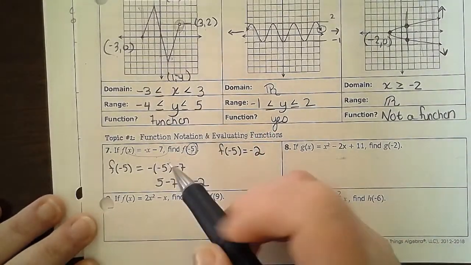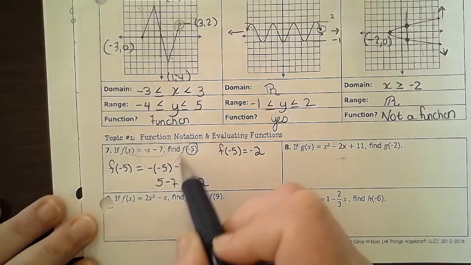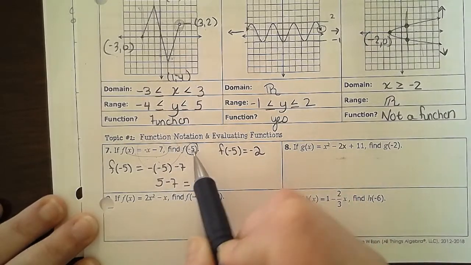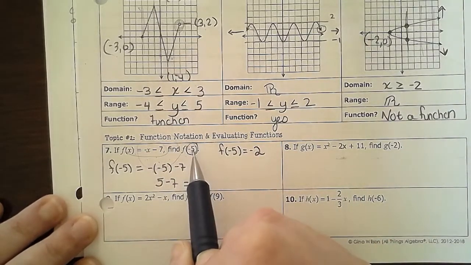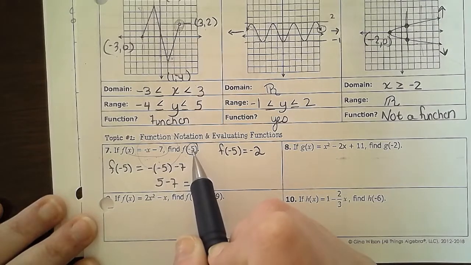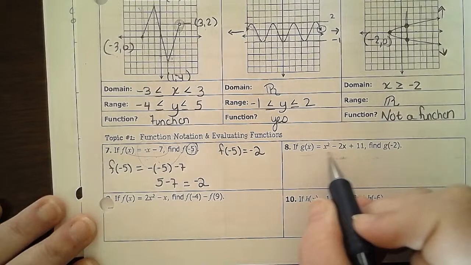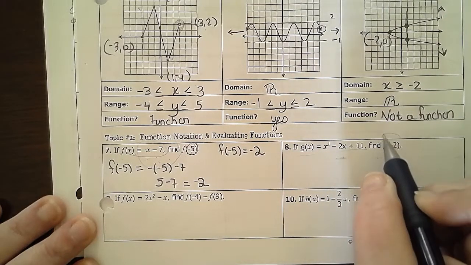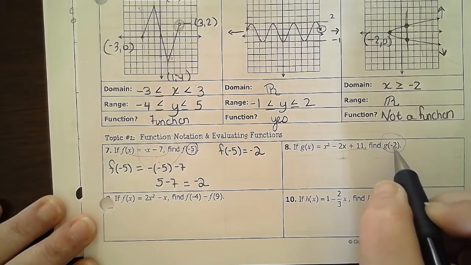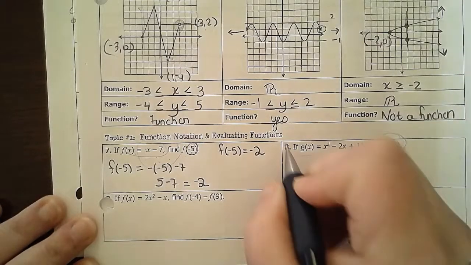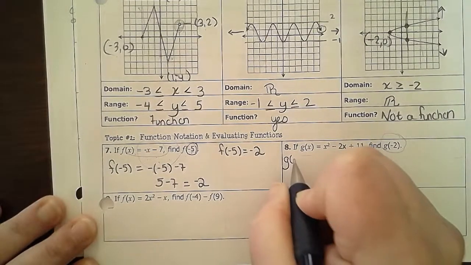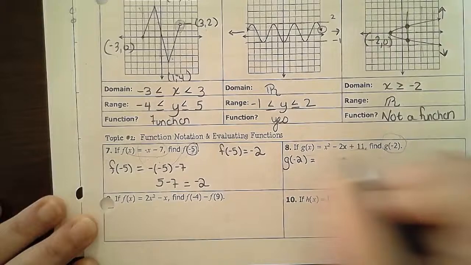Okay, so what it's saying is, what is the value of this function when x is equal to negative 5? That's all it's asking. Okay, so this one, here is our function. What is our value of our function when x is equal to negative 2? So the way I do this is I plug in negative 2 into my equation.